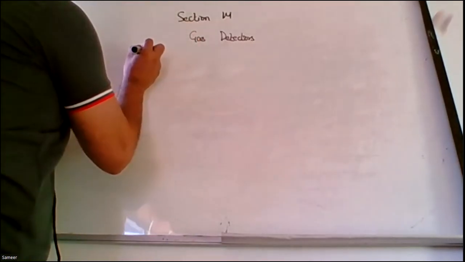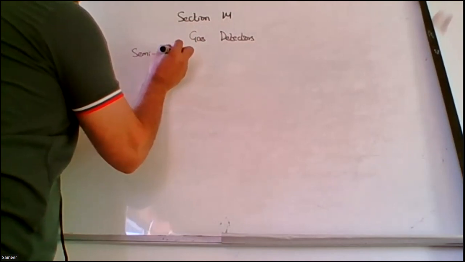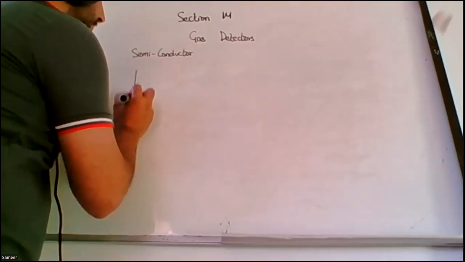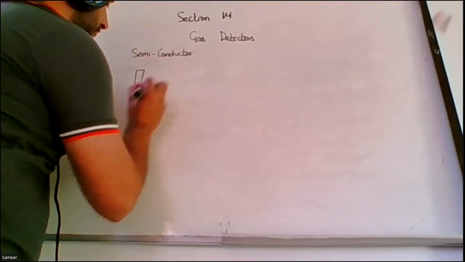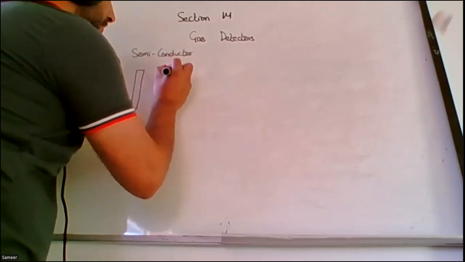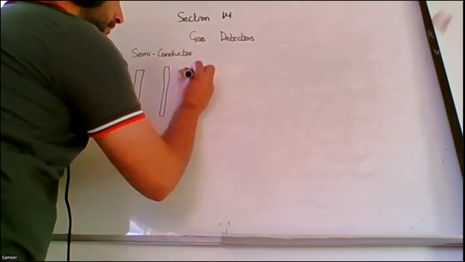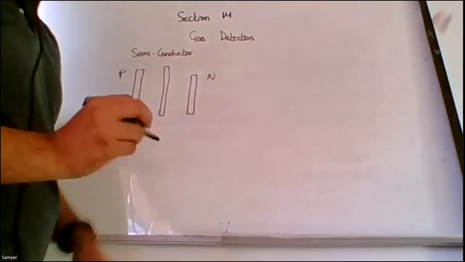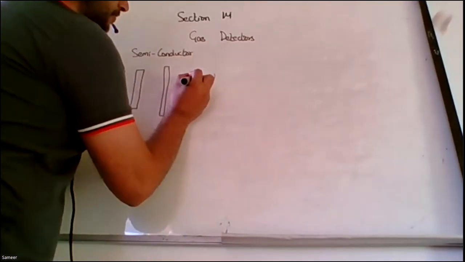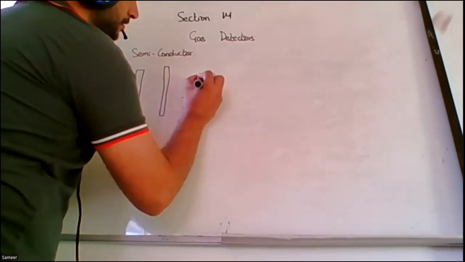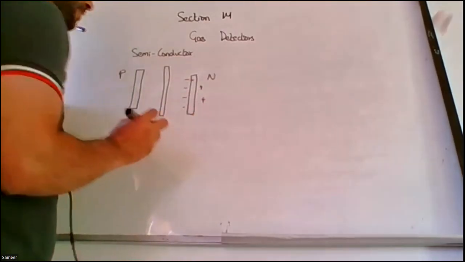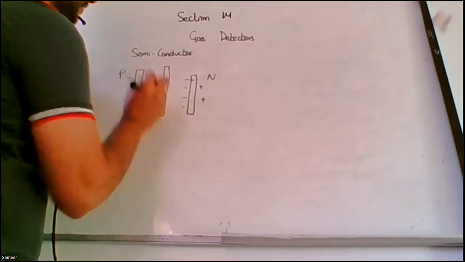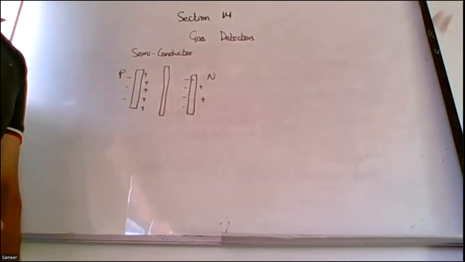The first one is the semiconductor principle. In the semiconductor principle, we have semiconductors available with a barrier. In semiconductors, we have a P junction and an N junction. N junction means more negative ions and fewer positive ions. Similarly, a P junction means more positive ions and fewer negative ions. So what will happen?